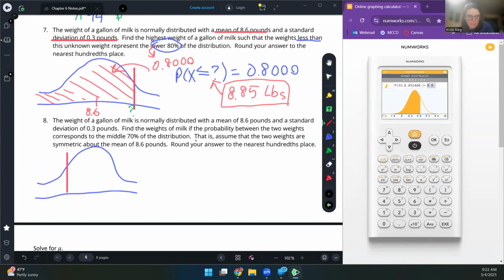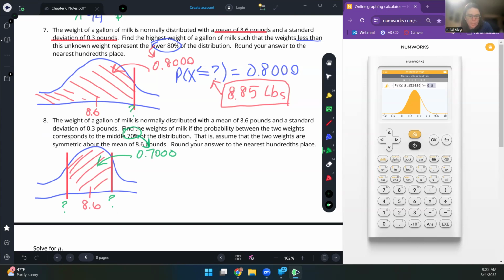So I have the middle. That's what I'm looking for. I know the exact middle is 8.6, just like above. I want in between these two values. I'm trying to figure out what those two values are. And this middle part right here is 70%.